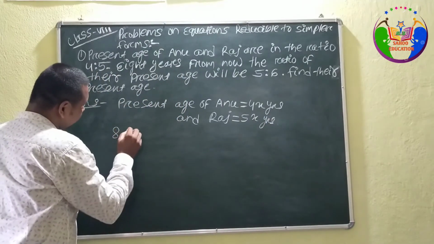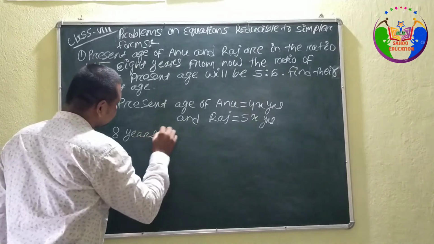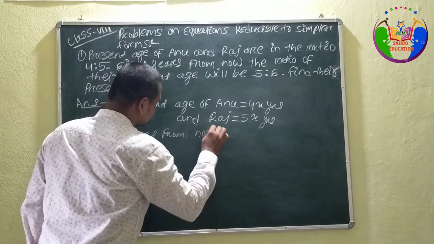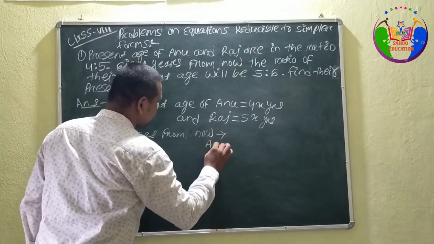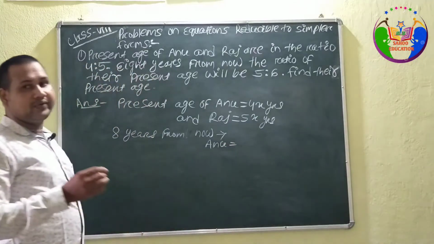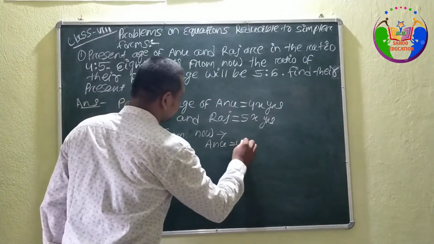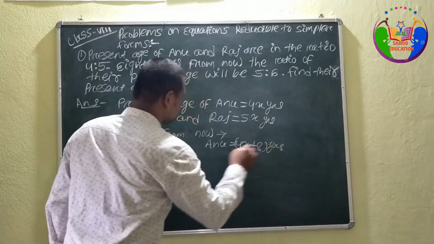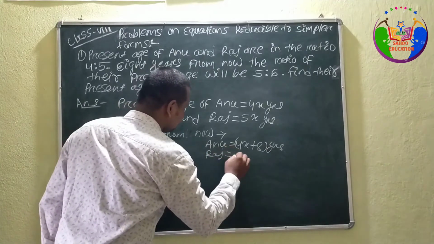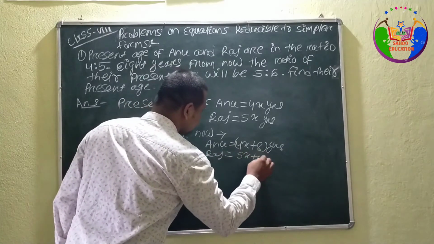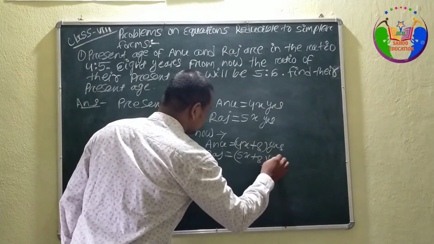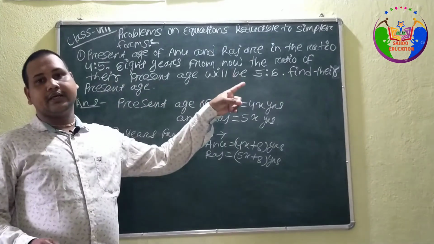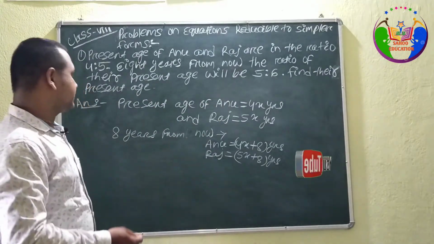Next, 8 years from now, Anu's age will be 4x plus 8 years and Raj is equal to 5x plus 8 years, and given the ages will be in the ratio of 5:6.